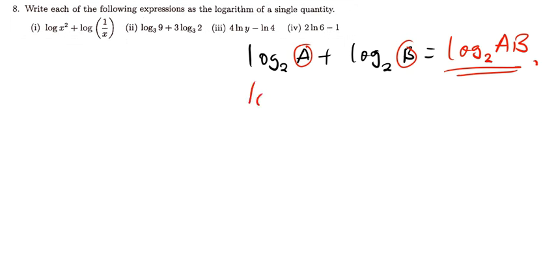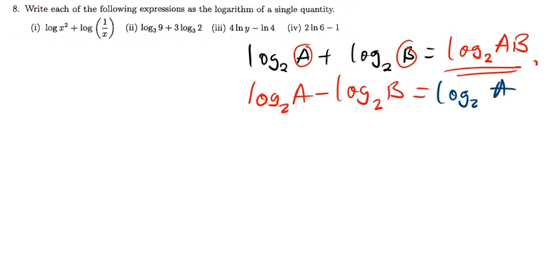What if you have a minus? If there is a minus, you divide. So you write log base 2, then the one having the negative goes on the denominator, so it will be a divided by b. That's the basic idea behind simplifying logs into a single quantity.